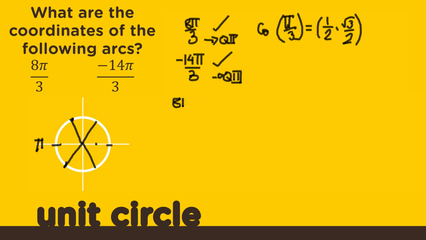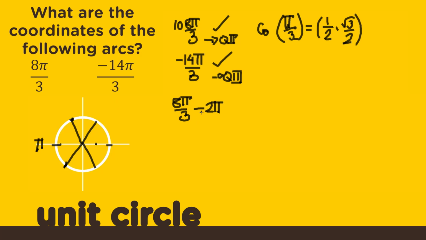Since we know that 8 pi over 3 is more than one revolution, let's subtract that one revolution. Of course, this is very easy because it's just 8. What if it's, just for example, 108? Do you really need to do 1, 2, 3, 4, 5 until 108? That's very time consuming.